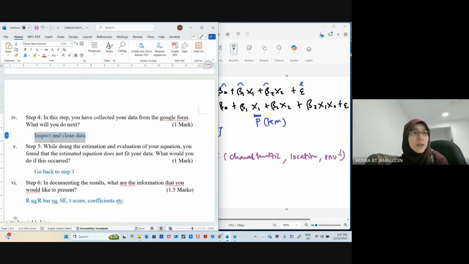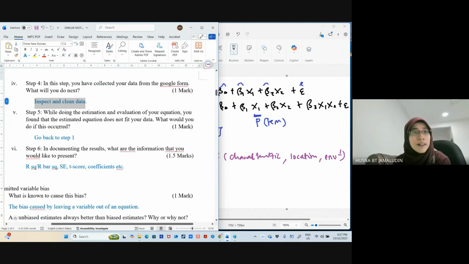Once you are okay with the data that you have, step 5, what will you do? Of course you will estimate your model. But here they will ask you about a problem. While doing the estimation and evaluation of your equation, you found that the estimated equation does not fit your data. Means that you discovered many problems.